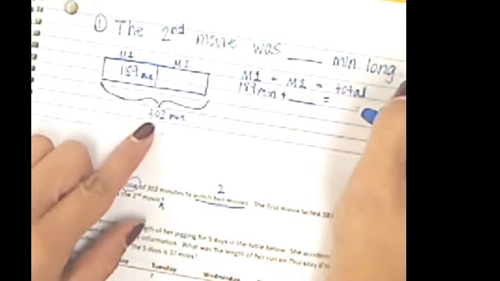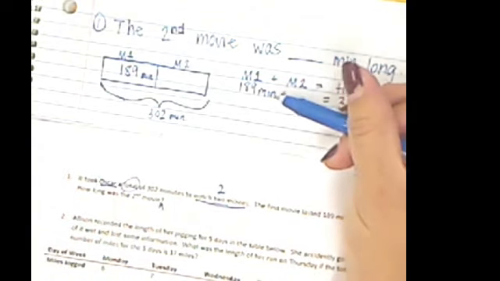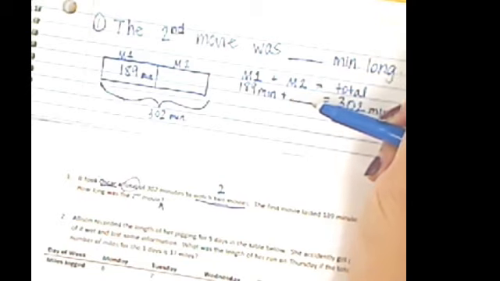The total was 302 minutes, so we can write that in. And there's our problem. So 189 minutes plus blank equals 302 minutes. So how are we going to figure this out? What do we need to do to figure out this blank?